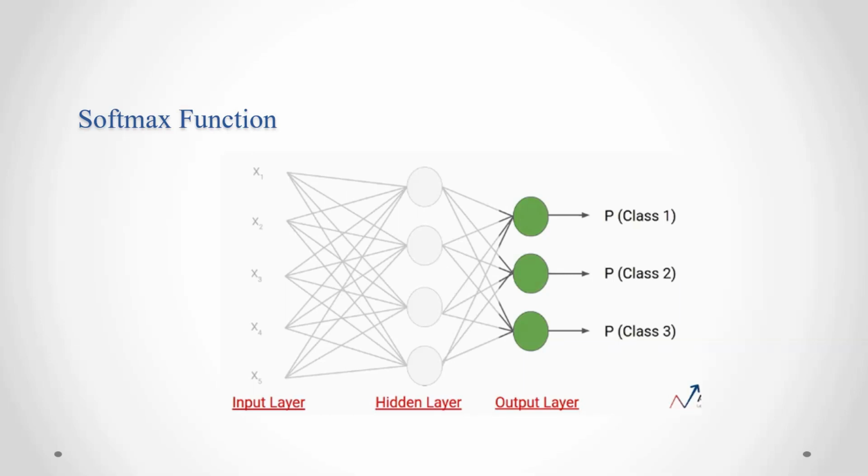So if a network with 3 neurons in the output layer outputs 1.6, 0.55, 0.98, then with a softmax activation function, the outputs get converted to 0.51, 0.18, and 0.31. This way, it is easier for us to classify a given data point and determine to which category it belongs.